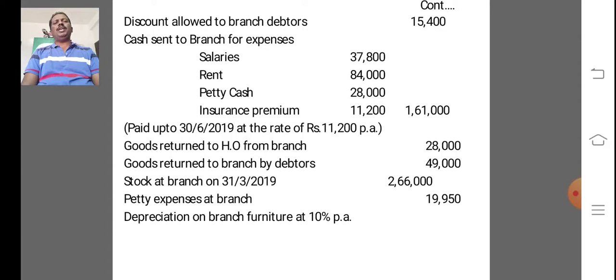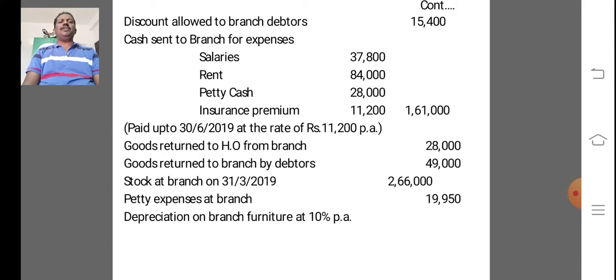Cash sent to branch for expenses under these headings: salary 37,800, rent 84,000, petty cash 28,000, insurance premium 11,200. Total is 1,61,000. Insurance premium paid up to 30/6/2019 at the rate of rupees 11,200 per annum.